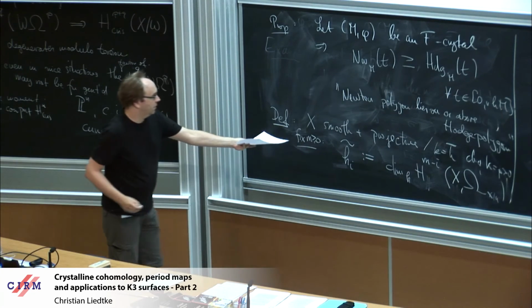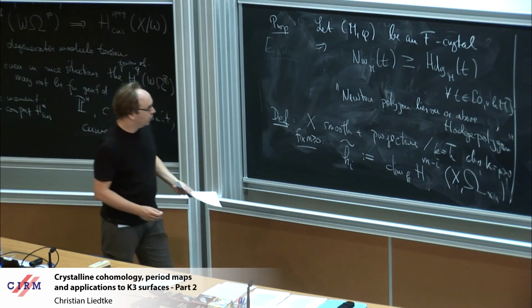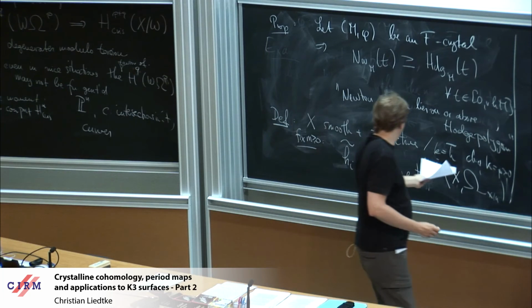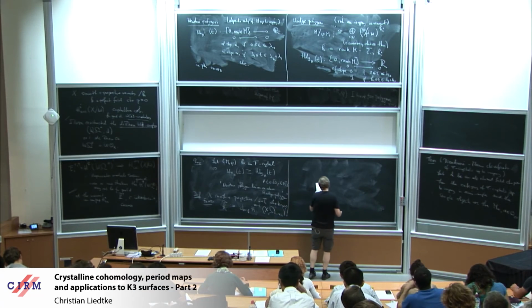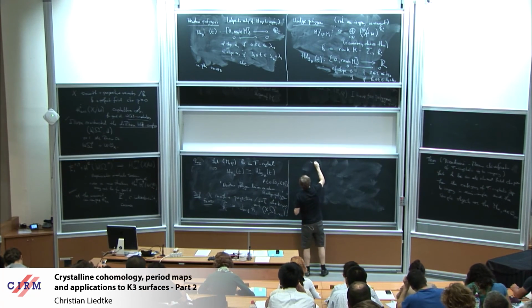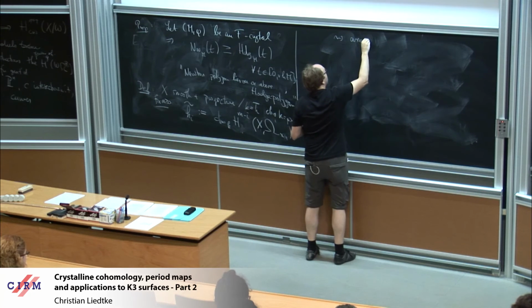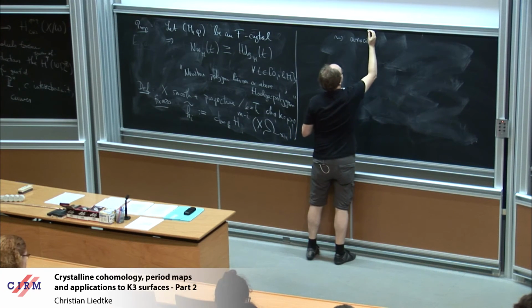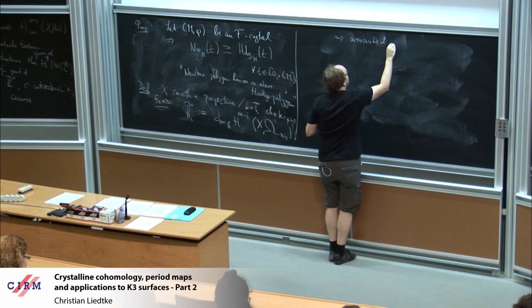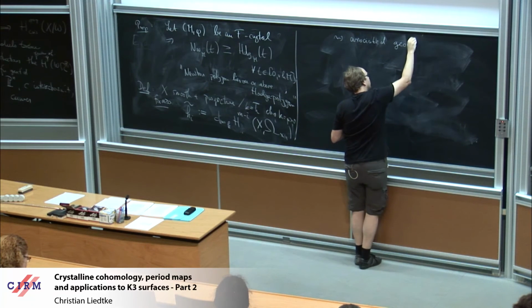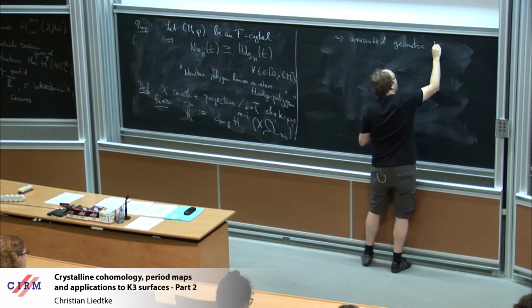So these are the classical Hodge numbers, and you have an associated geometric Hodge polygon.